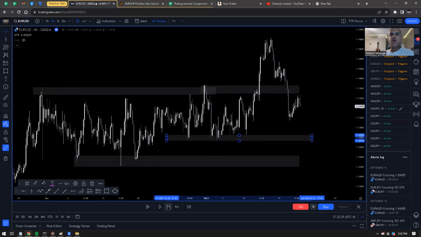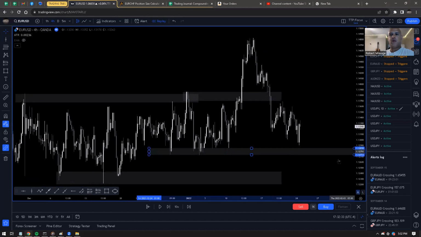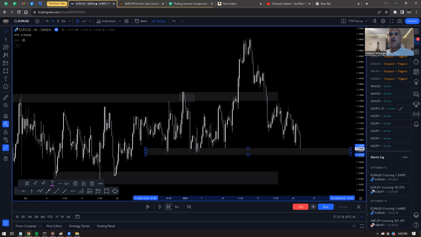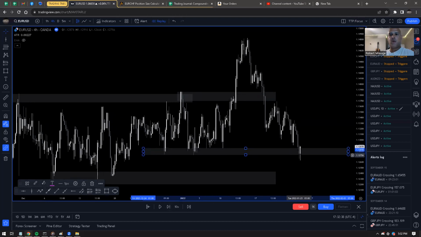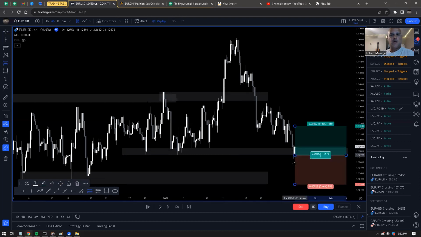Price comes through. Come on, what are we doing? Come through, come down. There's one. There's a wick rejection. We'll take that one. So we get the wick rejection on there. Let's do an ATR from this candle here. ATR, top left-hand corner, 227.